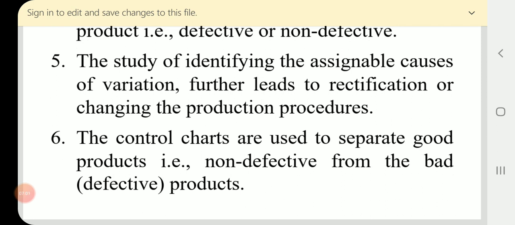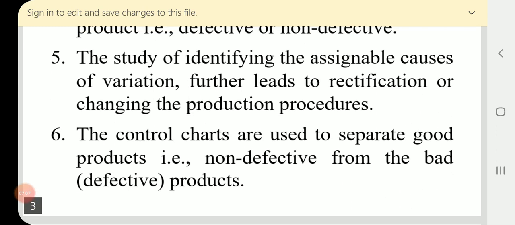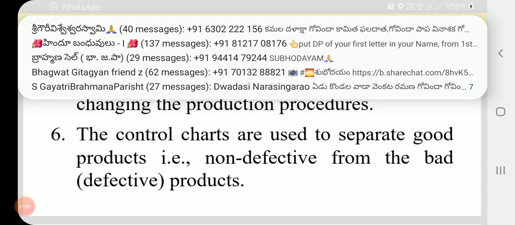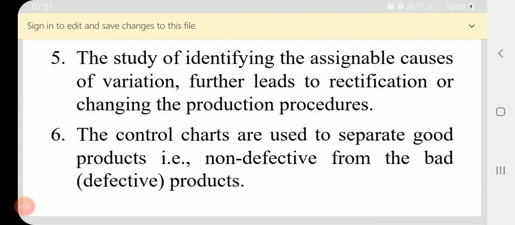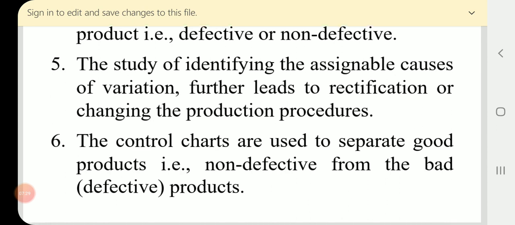Similarly, any changes required in any kind of production procedures are also very, very important. What kind of changes are to be made in the production procedures can be identified with the help of the assignable causes present in the procedure.